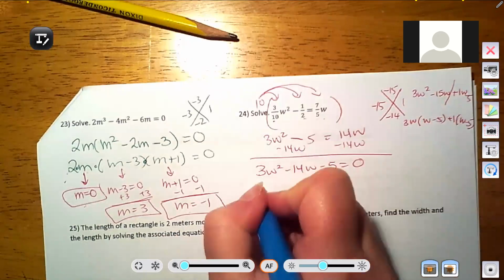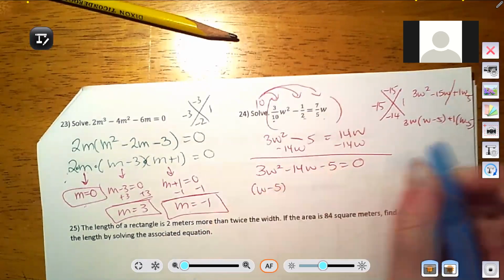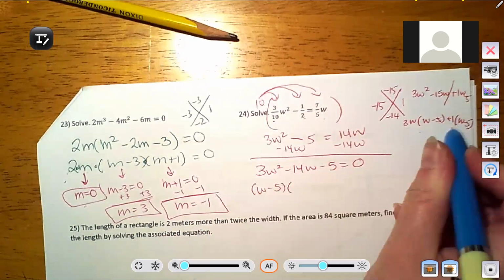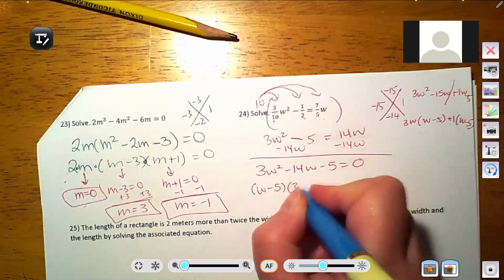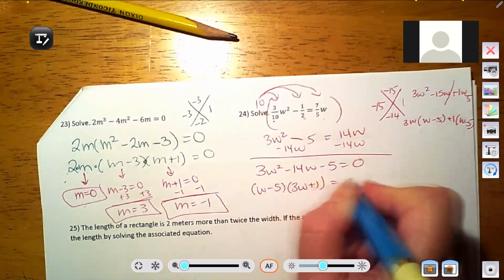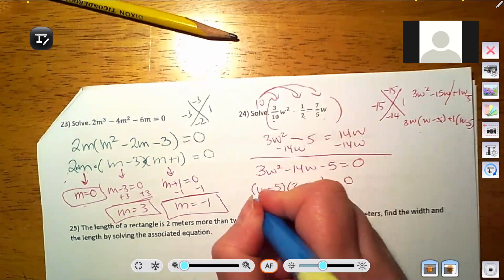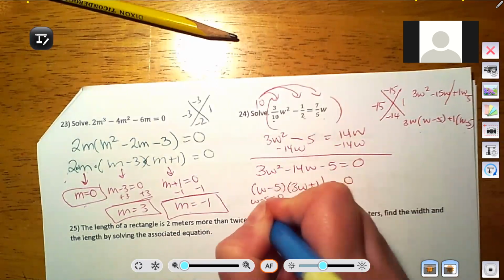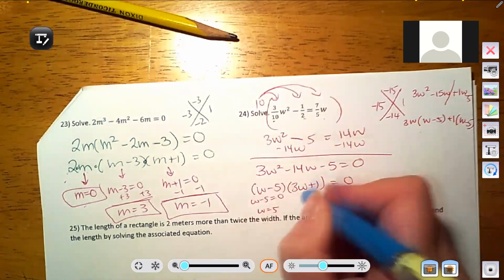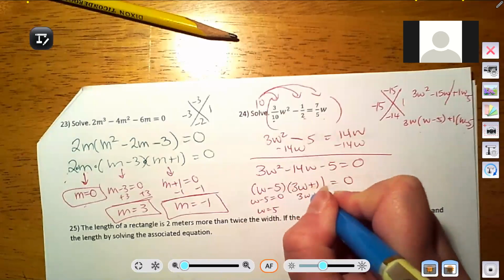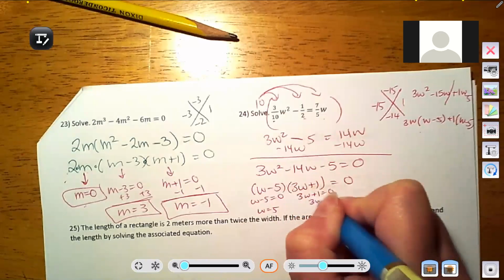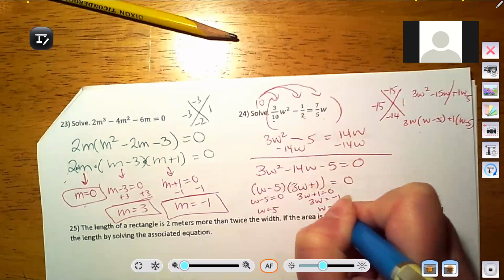So this factors to w minus 5 as the common, and then 3w plus 1. Set this equal to 0. You'd have 5 when you add 5 to both sides. Set this equal to 0, subtract 1, divide by 3, negative 1/3.